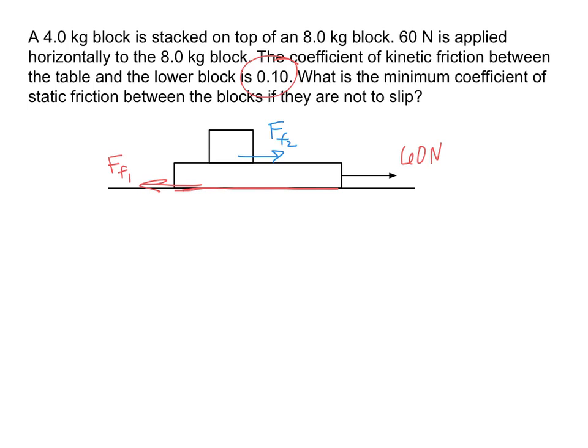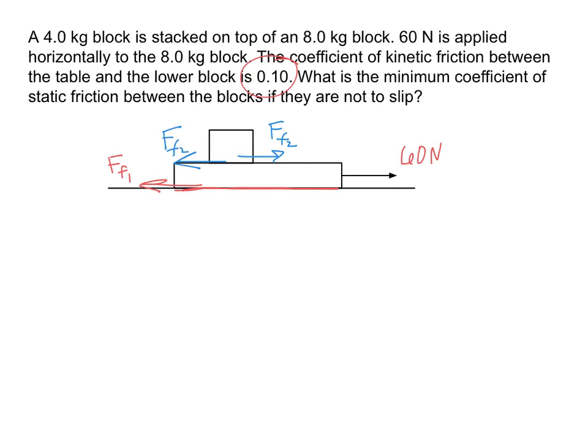But because these two blocks are both important, because the bottom surface isn't just a table, it's a block, I'm going to include the counterpart to that due to Newton's third law. So if the bottom block exerts a rightward force on the top block, the top block exerts a leftward force on the bottom block. Okay, so I have all these forces here.